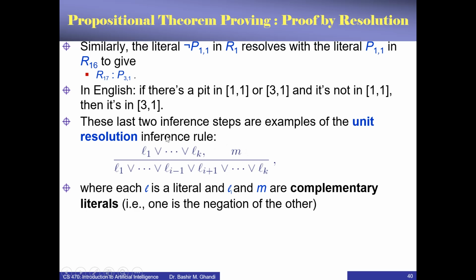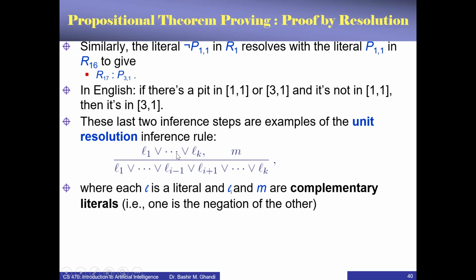Then we are going to eliminate both the M and the Li, so that what we are left with is L1 until Li minus 1, then skip the Li and start from Li plus 1 until the last one, which is Lk.